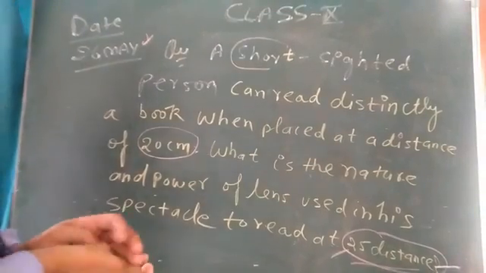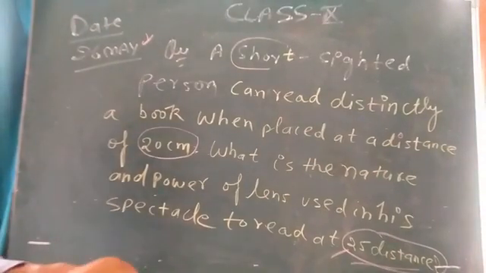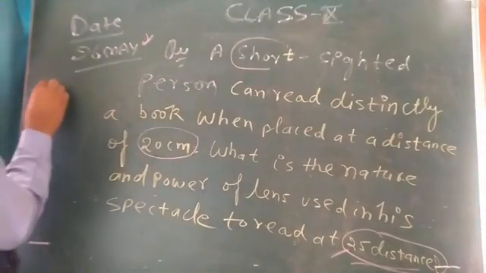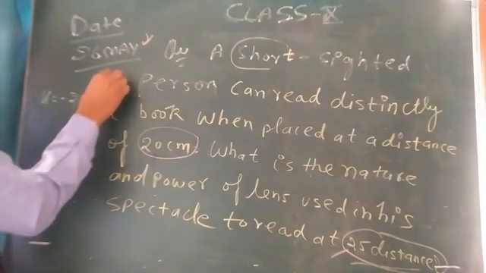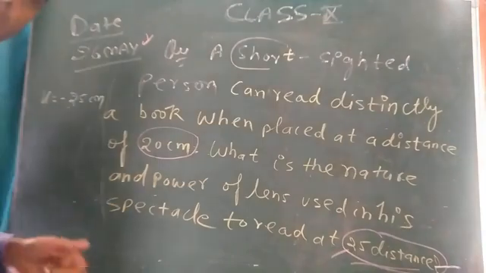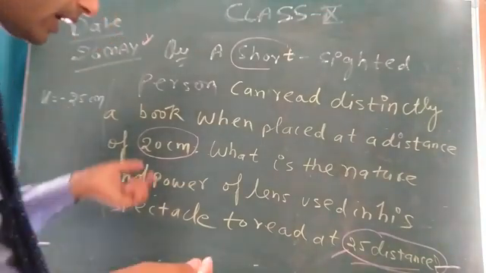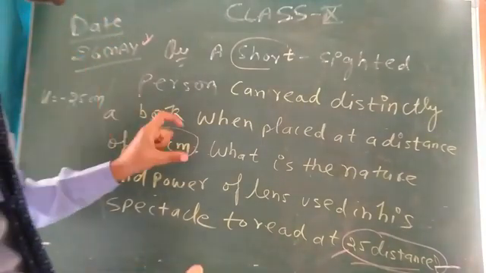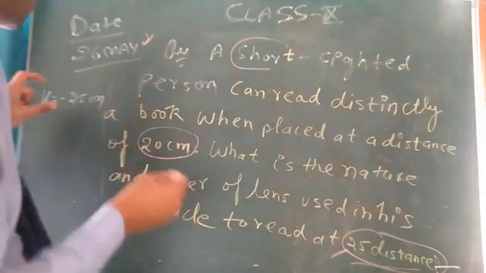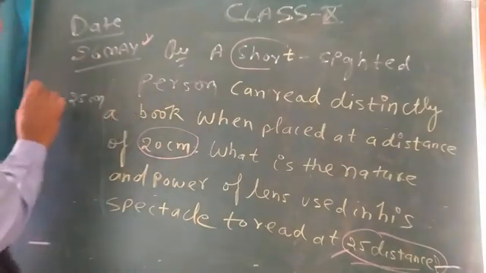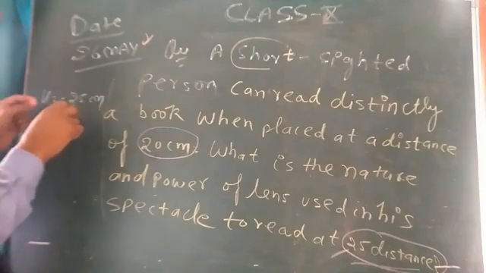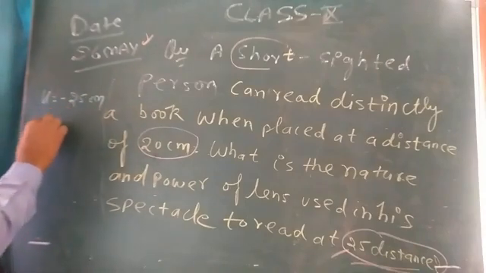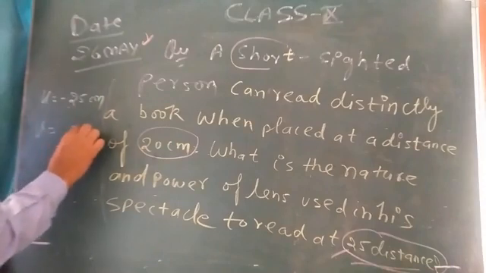It means u equals minus 25 centimeter. We have to use another lens, and by using this lens we want to read the object placed at 25 centimeter, when the image is obtained at 20 centimeter.